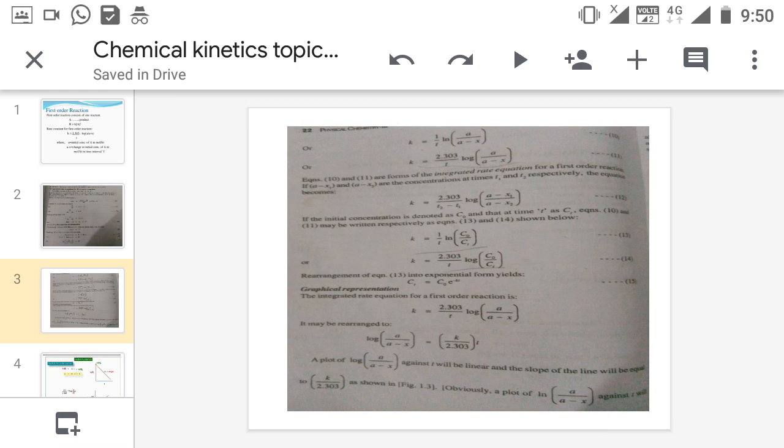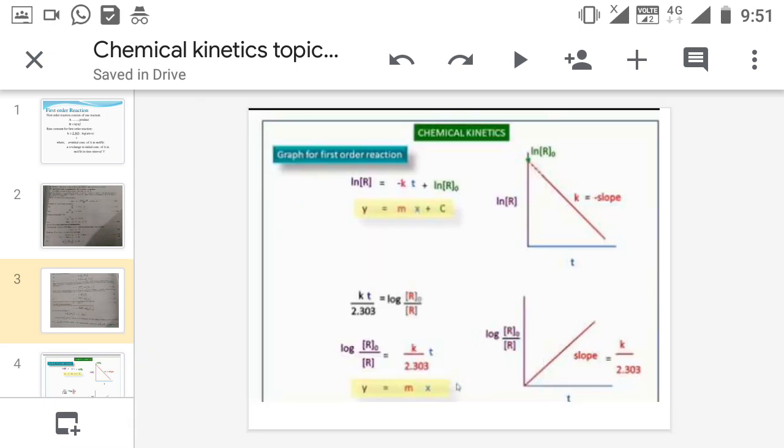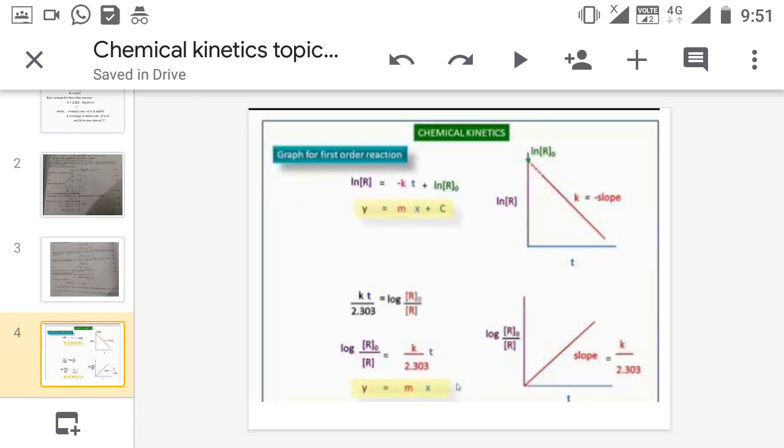So, I can replace this term a by a minus x by the term R. See here, in the second graph, kt divided by 2.303 is equal to log, instead of a, I replace that term a by R0, the initial concentration of the capital A, divided by, instead of a minus x, I put the term R. So the equation becomes kt divided by 2.303 is equal to log R0 divided by R. Instead of that, in your textbook it is written as kt by 2.303 is equal to log a by a minus x. You can write it in any way.